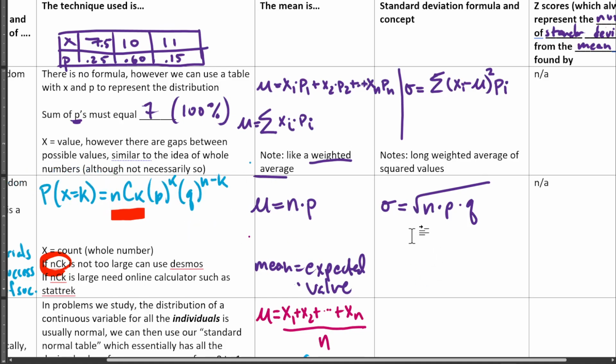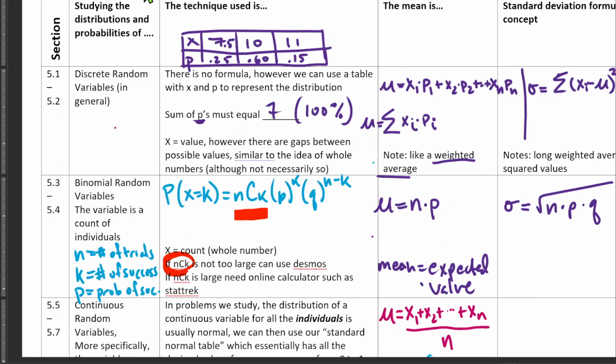Okay, pause. Something else to bear in mind here, just for a quick second, is when you have the probability that x is less than k, let's say x is less than or equal to 3, it's a typical type of problem. How would you do that?